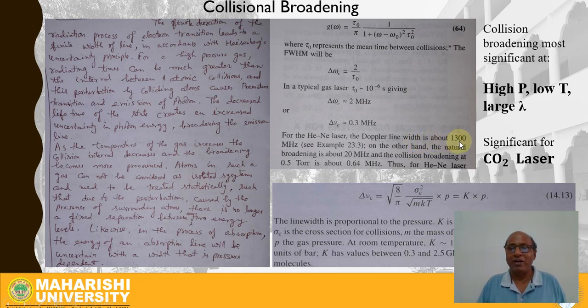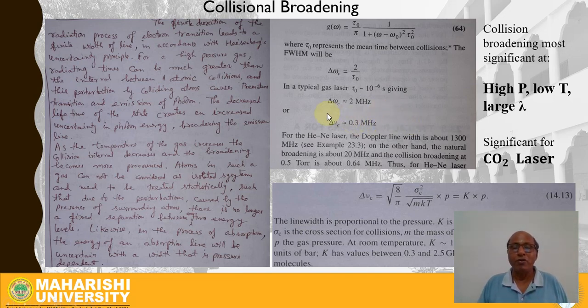See, the Doppler broadening has 1300 megahertz bandwidth, as you saw in the previous case, whereas in the same laser the collisional broadening is 0.64 megahertz, because the helium neon laser operates at 0.5 torr, and the natural broadening is of the range of 20 megahertz. So that means each broadening will have its share, but we have to see which is more predominant.